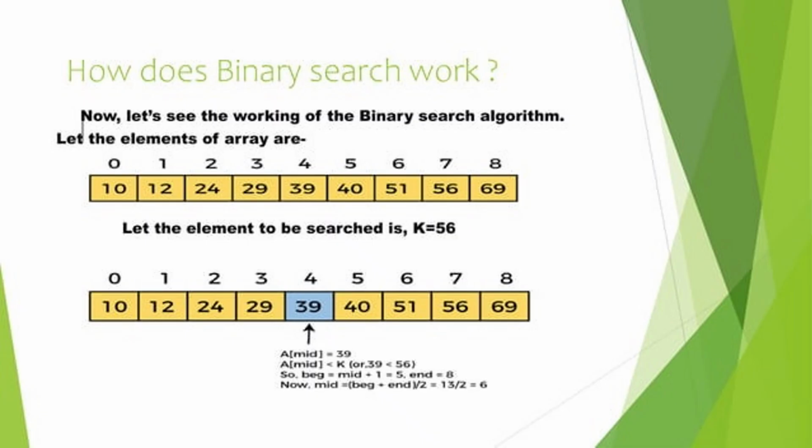Let us see how a binary search works. Here we have again taken some random numbers: 10, 12, 24, 29, 39, 40, 51, 56 and 69. Above those numbers you can again see numbers from 0 to 8, which means a total of 9 numbers. These 0 to 8 have the same meaning as in linear search: they represent the indexes of those individual elements.